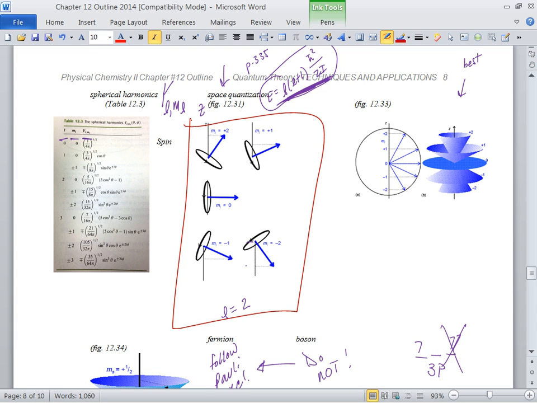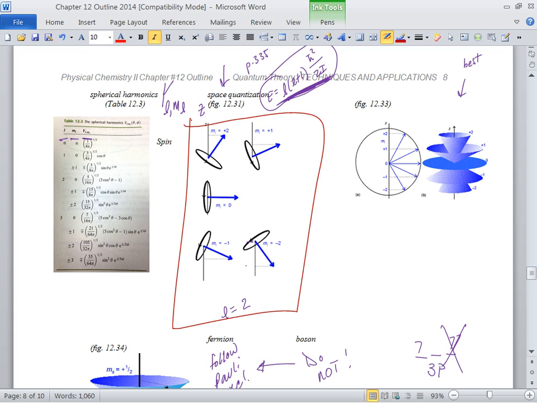The length of the arrow? The length of the big, thick blue arrow. Exactly. That's the magnitude of the angular momentum. Now I'm talking about the projection onto an arbitrary axis. What would I be talking about in this diagram? The direction of the arrow?